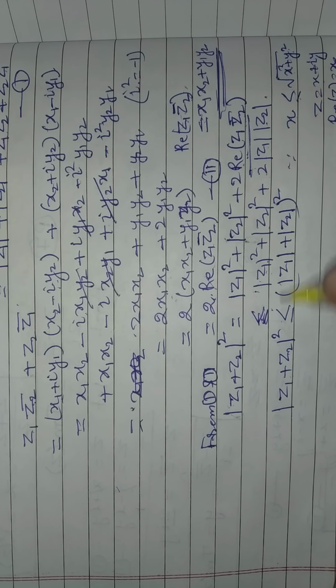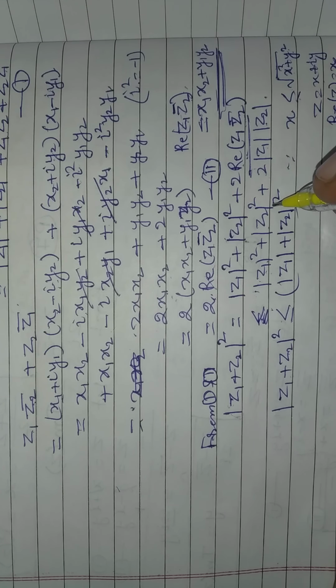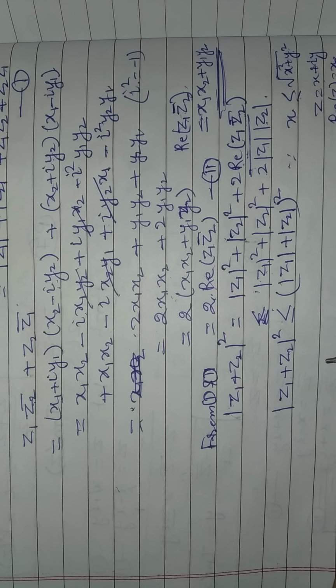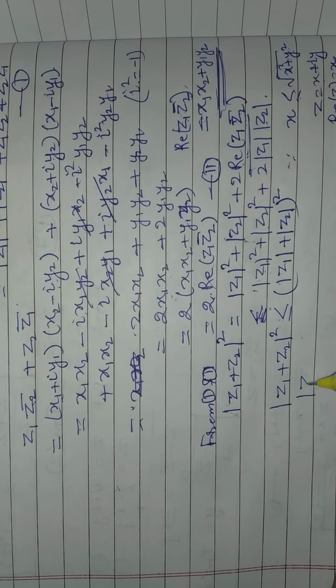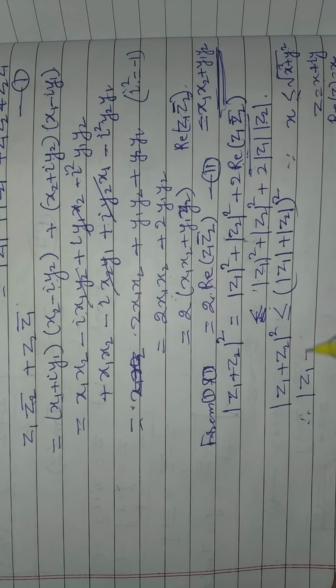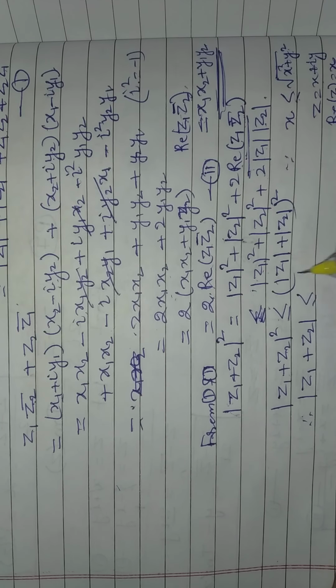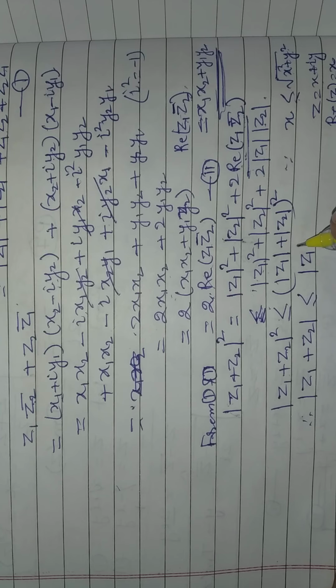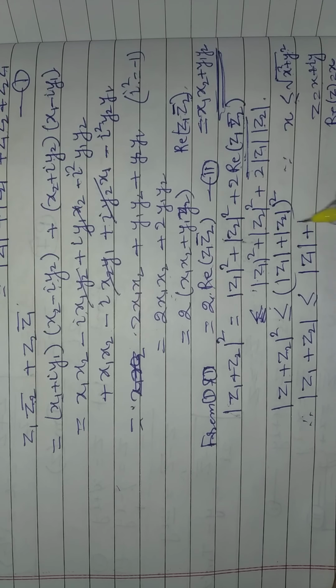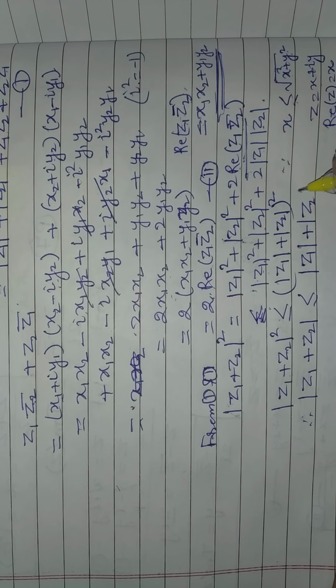Now removing the square root sign, we will get, therefore modulus of z1 plus z2 is less than or equal to modulus of z1 plus modulus of z2.